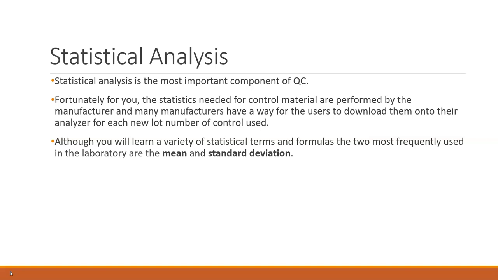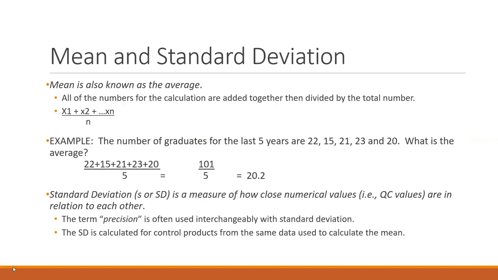Although you will learn a variety of statistical terms and formulas, the 2 most frequently used in the laboratory are the mean and the standard deviation. Let's dust off the cobwebs from your math from K through 12 when you're first introduced to this material. What you need to know is the definitions of these and what they mean. So the mean is also known as the average.